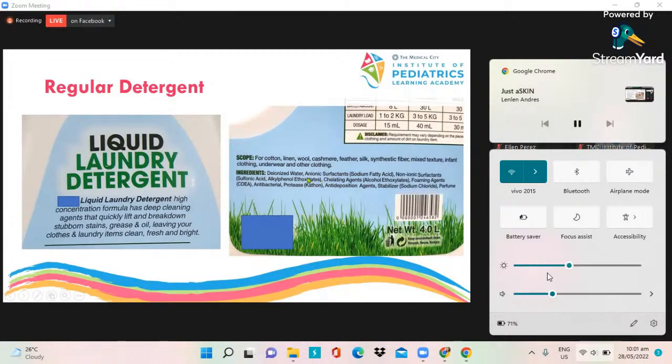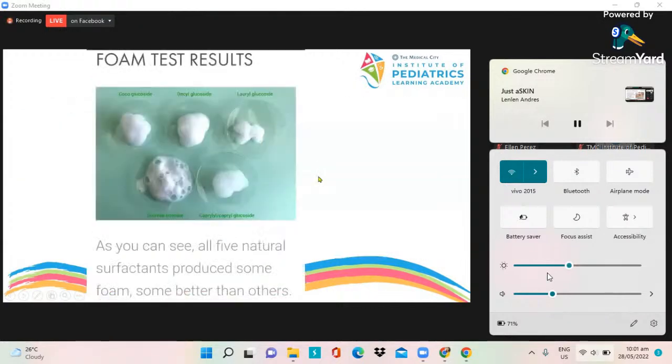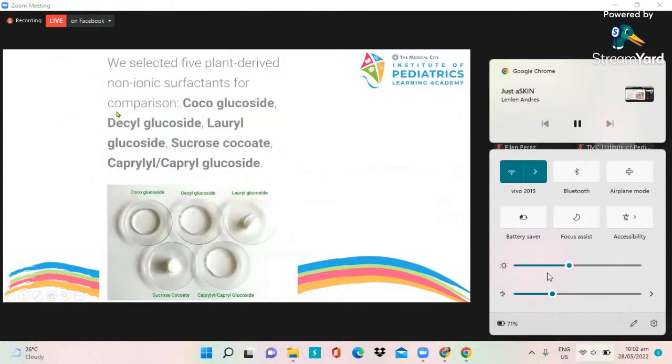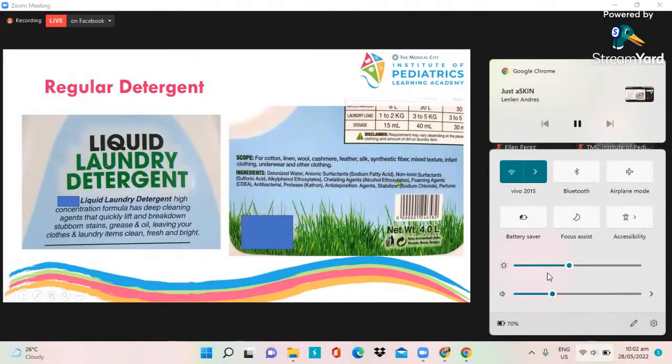Hindi po natin gusto yung anionic. Gusto natin yung non-ionic. Mapalik ko lang ng konti. Ayun, nakalagay non-ionic. Okay, so, ayan. Meron din naman siyang, meron pa siyang magandang product. Hindi, puro perfume. Matatapang po ang products nito, yung regular.